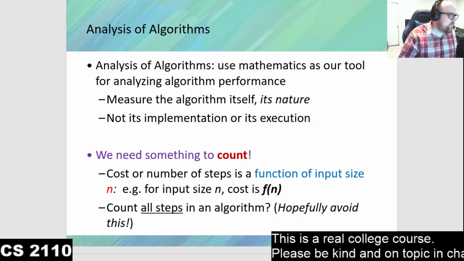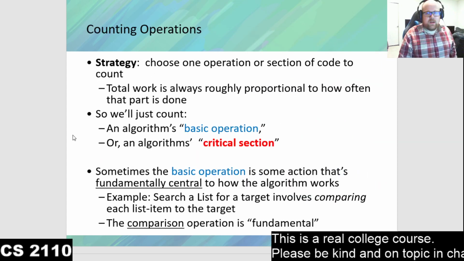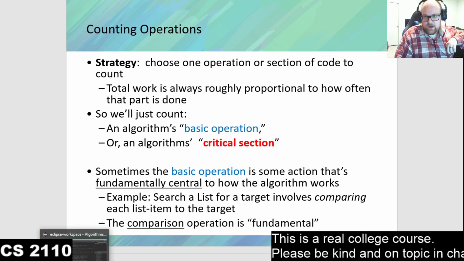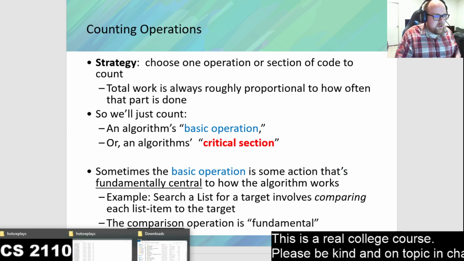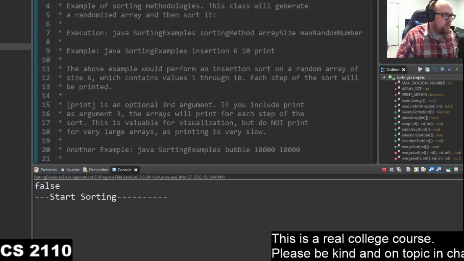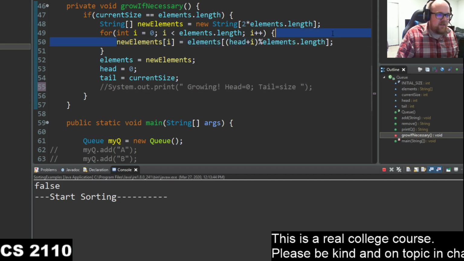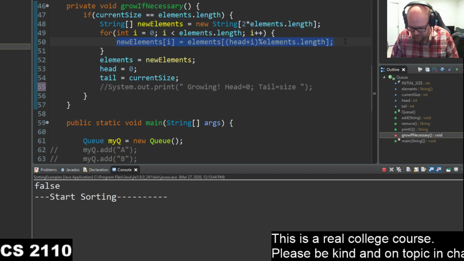Now, when we're counting operations, we're focusing on the algorithm's basic operations. Inevitably, we have some critical section. The critical section is the code that runs the most. So for example, in Q, this line of code is the critical section because it runs the most times.